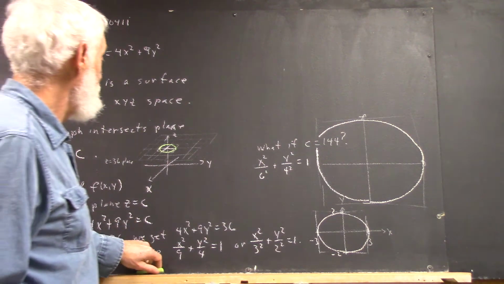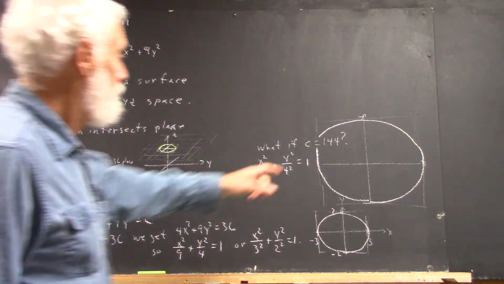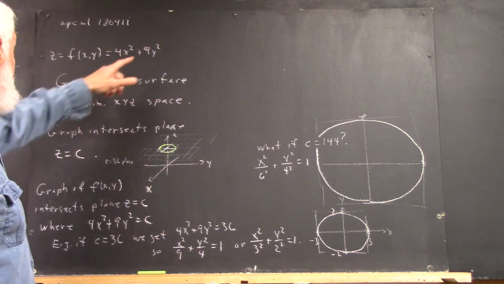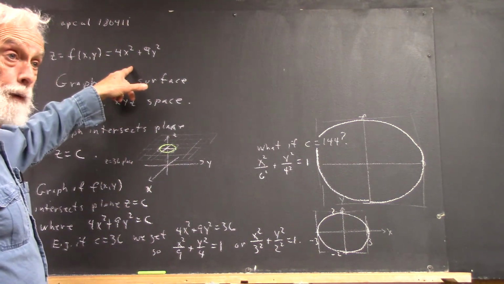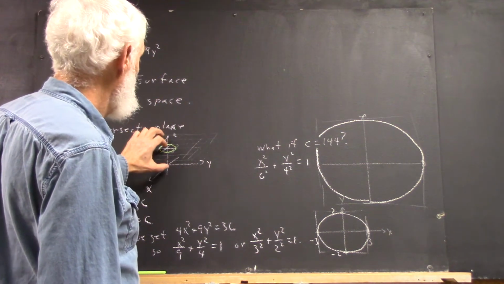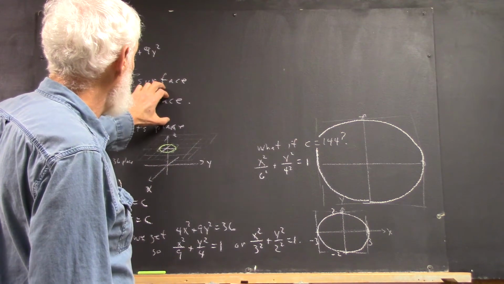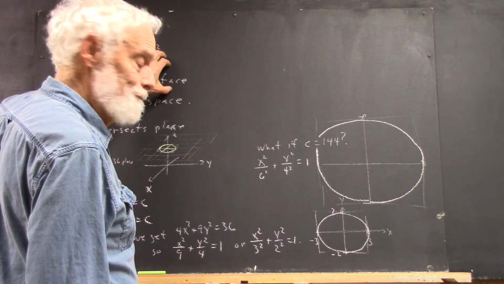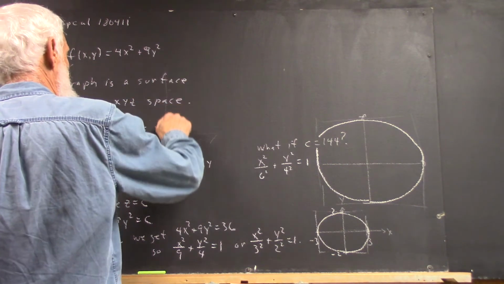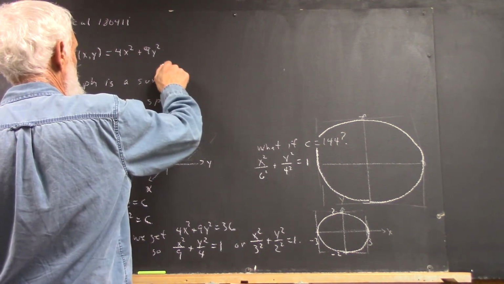Okay, well, now where is the plane for c equals 144? Because we've replaced z up here with 144, right? So now we're talking about points with z coordinate 144. Well, 144 is 4 times 36. So we've got to go up here through all my writing. And we're going to have a pretty sloppy looking graph, but we're going to do it anyway.